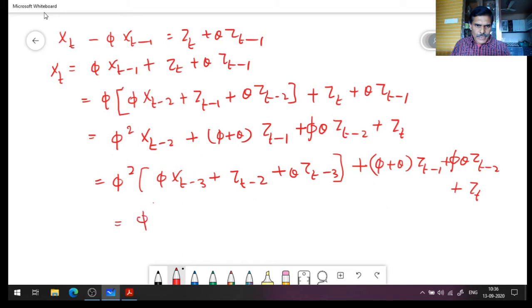You can write phi cubed xt minus 3 plus.